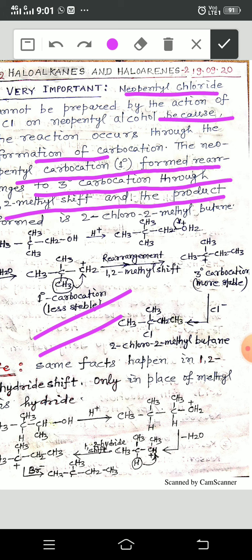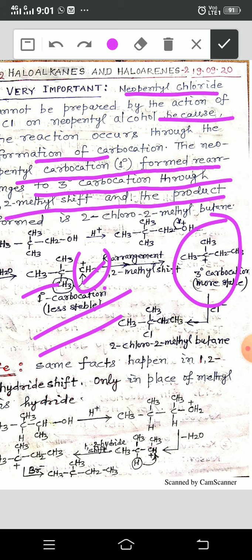What happens when OH gets removed from here? It forms carbocation, and in this case the methyl is just beside this positive carbocation. So this methyl gets shifted onto it and it forms tertiary carbocation.